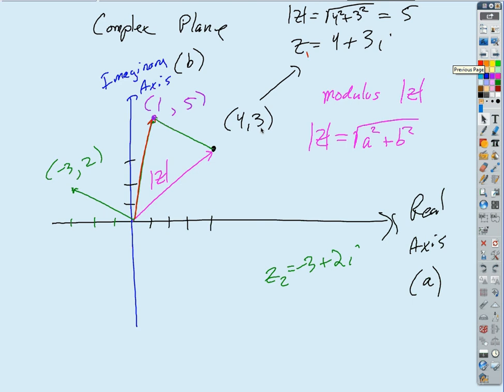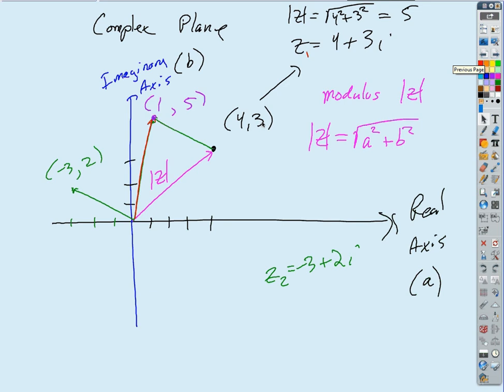So instead of an xy plane, we have a real-imaginary plane. We go over +4 along the real axis and up +3 along the imaginary axis. Wherever we end up, the point in the plane has coordinates 4, 3, corresponding to the real part and the imaginary part. That vector represents that impedance, right?